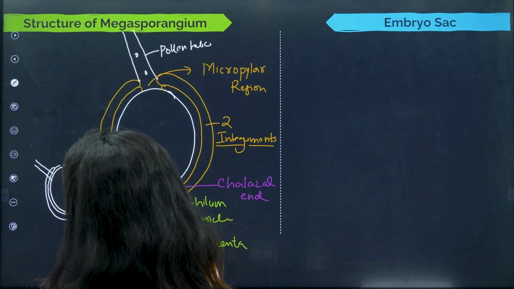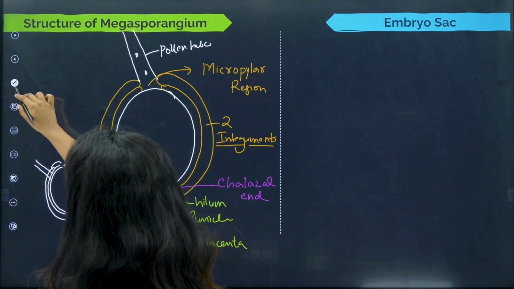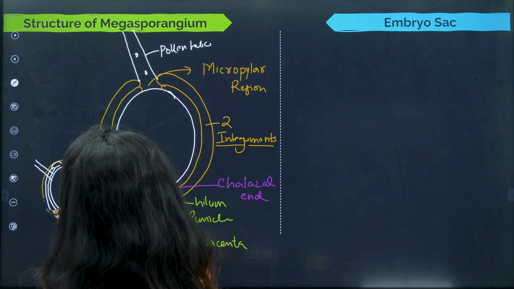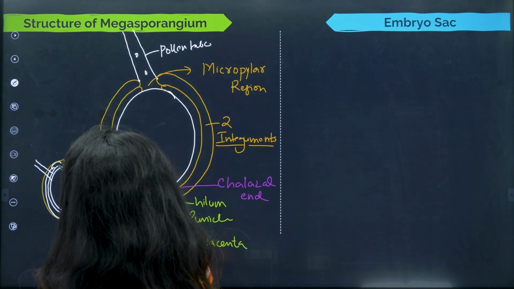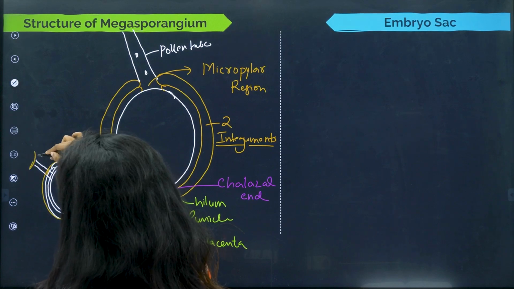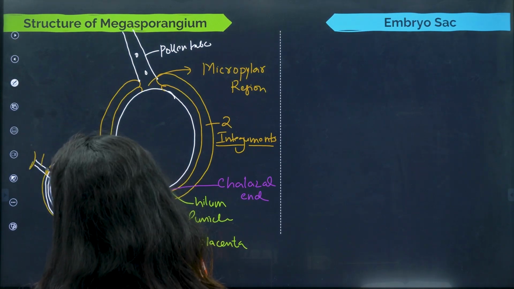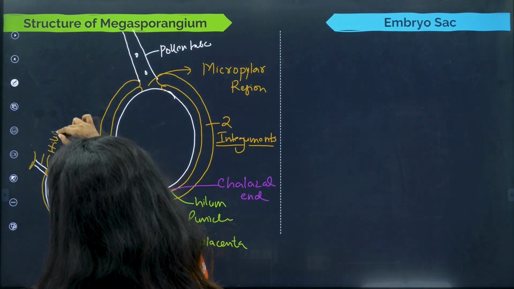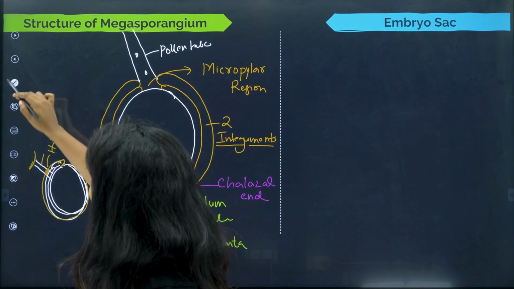I will make the integument layer in yellow so that you understand. This is the integument layer, this is the placenta, this is the funicle, and this area will now be the hilum.